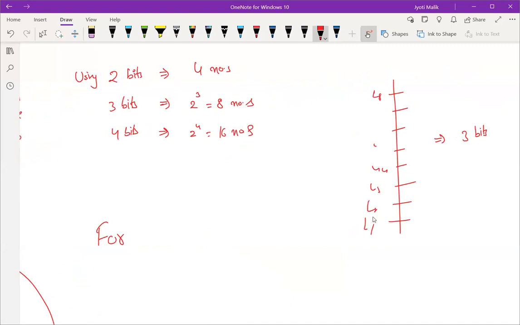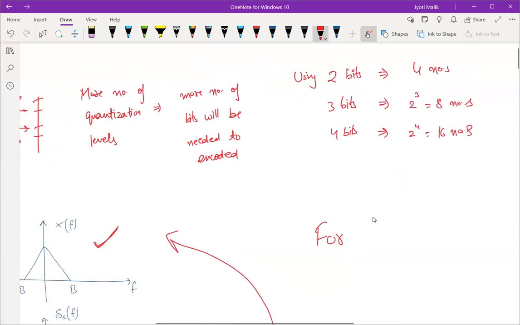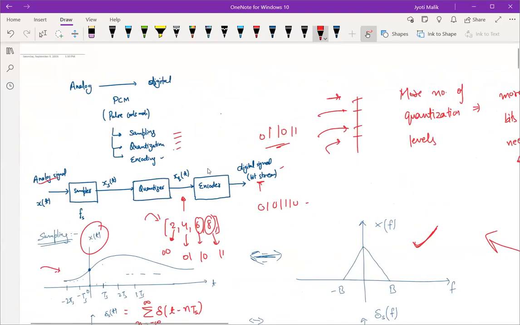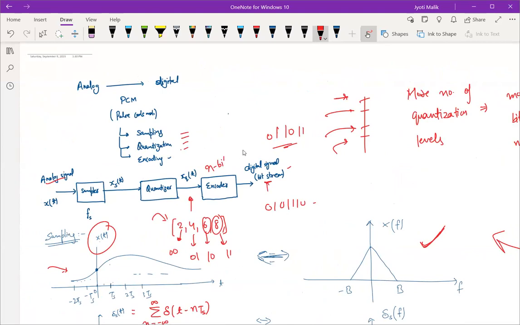So if we have an n-bit encoder that is predefined, then accordingly the quantizer has to function.